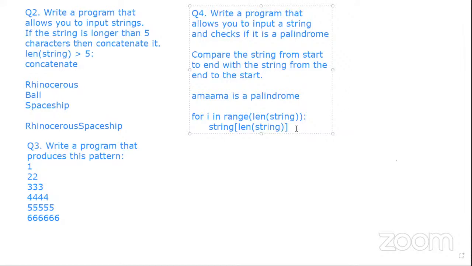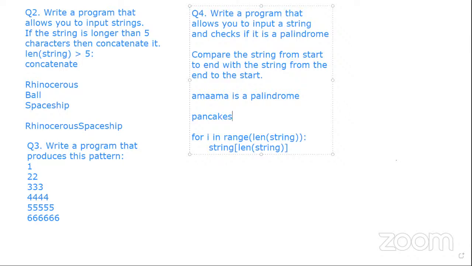So this, the length of the string, basically, this will take the character at the very end of the string. So if your word is pancakes, the length of the string basically just means how long the string is, which is 0, 1, 2, 3, 4, 5, 6, 7. Okay, and we'll take the 7th value, which is S. Okay.